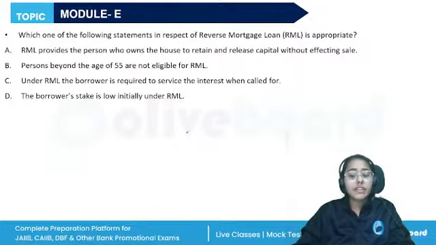Option B, persons beyond the age of 55 are not eligible for RML. Option C, under the reverse mortgage loan, the borrower is required to service the interest when called for. And option D, the borrower's stake is low initially under the RML. Answer this question. Which of the following statements is correct about the reverse mortgage loan?